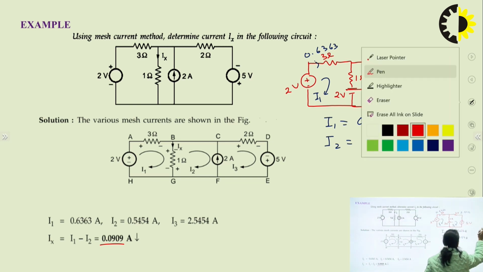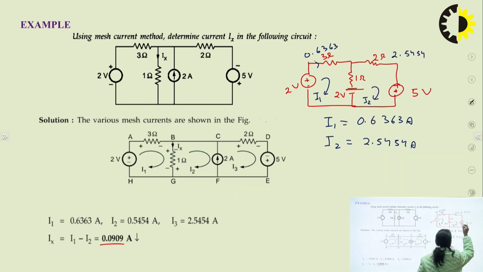As my values are coming positive, the direction will be like this. Now again, I will do the source transformation for this branch, and again I will come to this circuit.